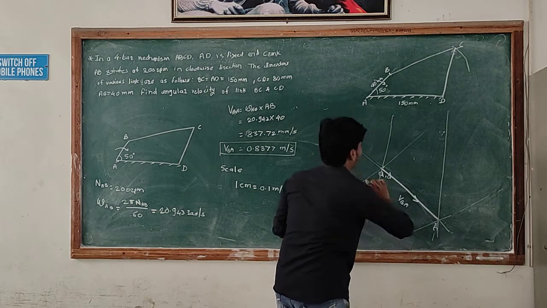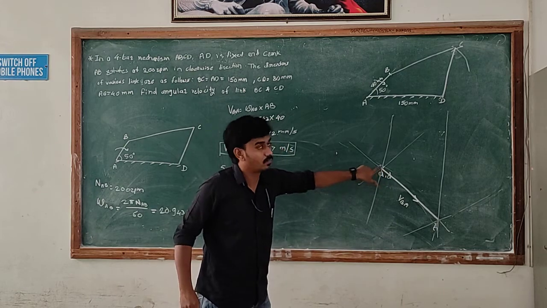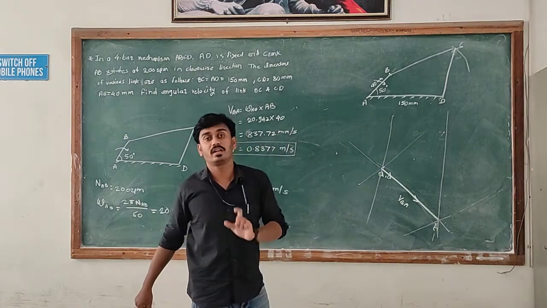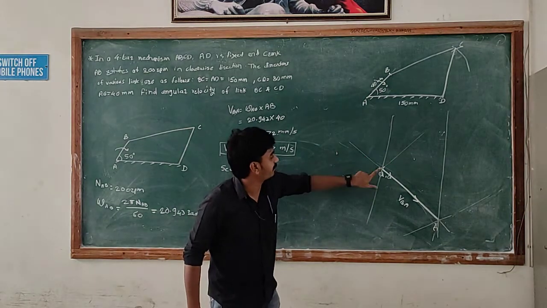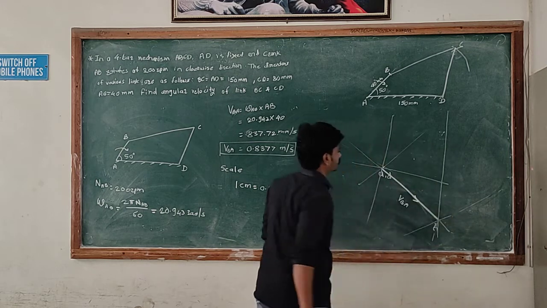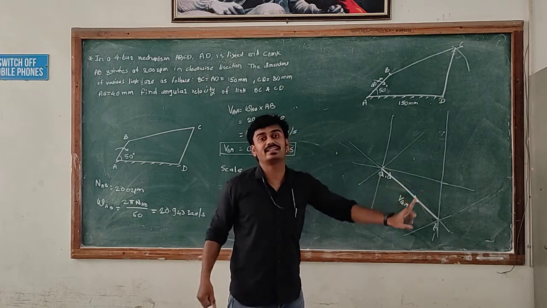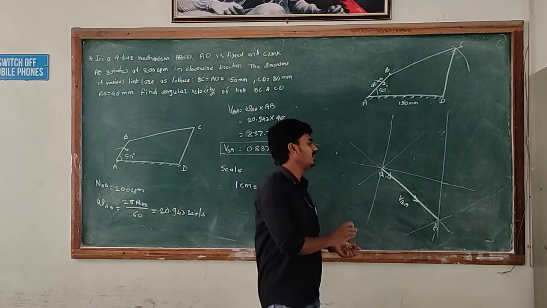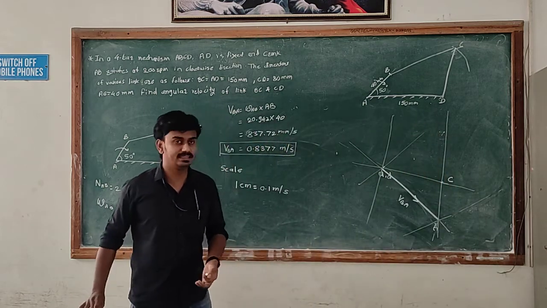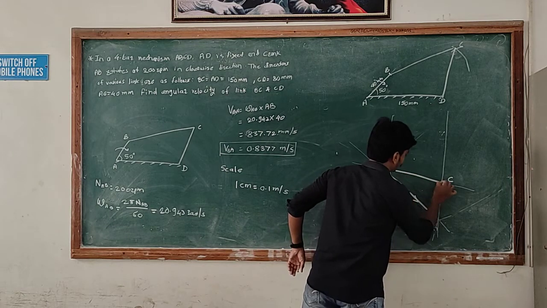Suppose this is the parallel line to CD. Now we will draw one line which is perpendicular to this line and which is passing through D. Okay, so where these two velocity vectors intersect, we will get the point C. Okay, now join this.